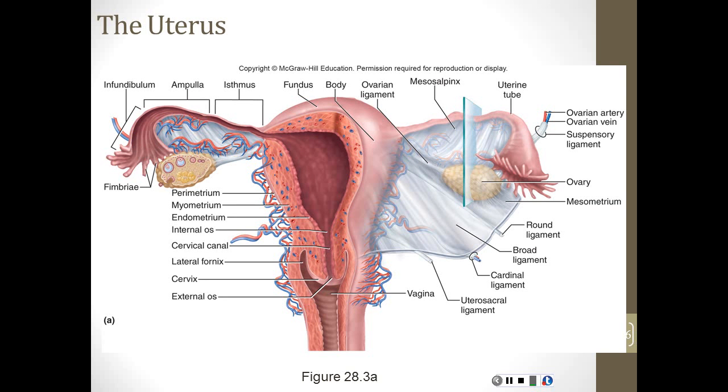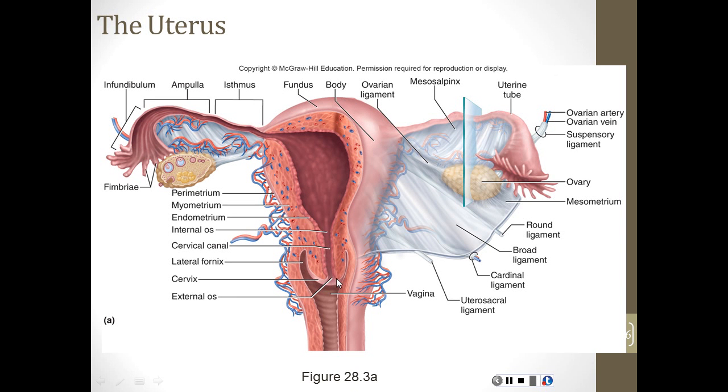Now the lumen communicates with the vagina via the central canal, which we have here, the cervical canal. The superior opening of this canal into the body of the uterus is called the internal os, and its opening into the vagina is called the external os.